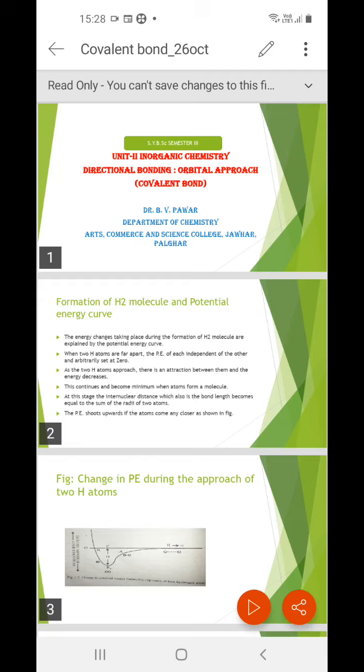In last week, we started a topic called directional bonding, the orbital approach. In short, it is called the covalent bond.